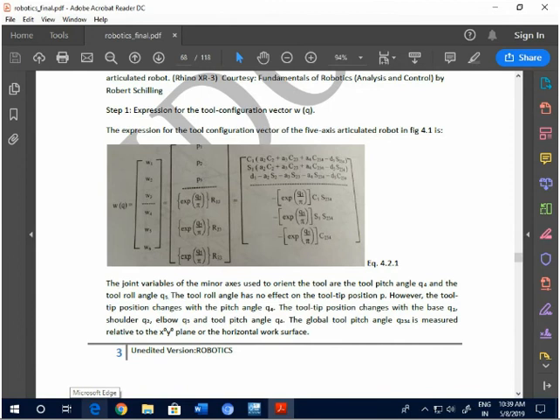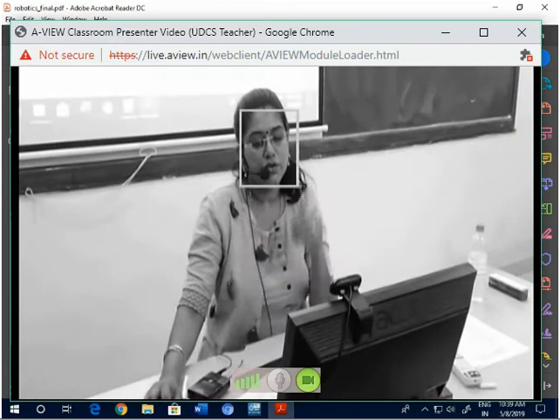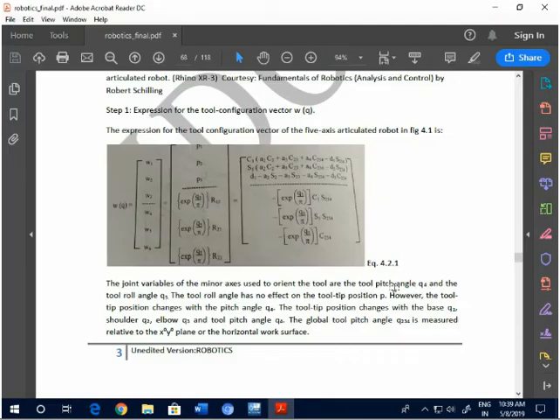And from that, we get this expression. The joint variable of the minor axis used to orient the tool pitch is given by theta 4, Q4, and the tool roll angle is given by Q5. The tool roll angle has no effect on the tool tip position P.